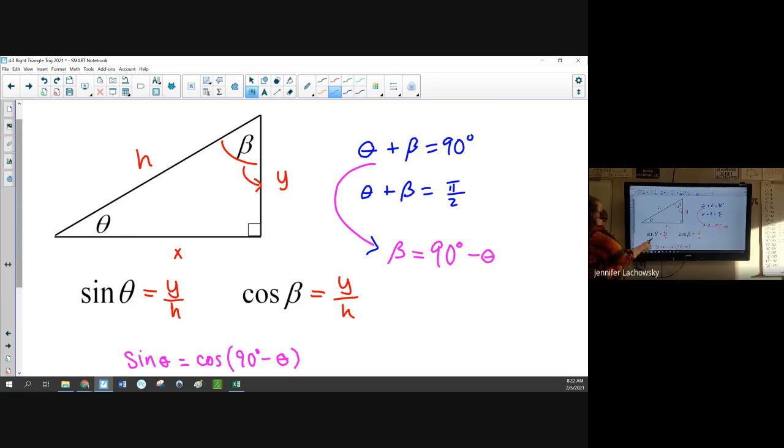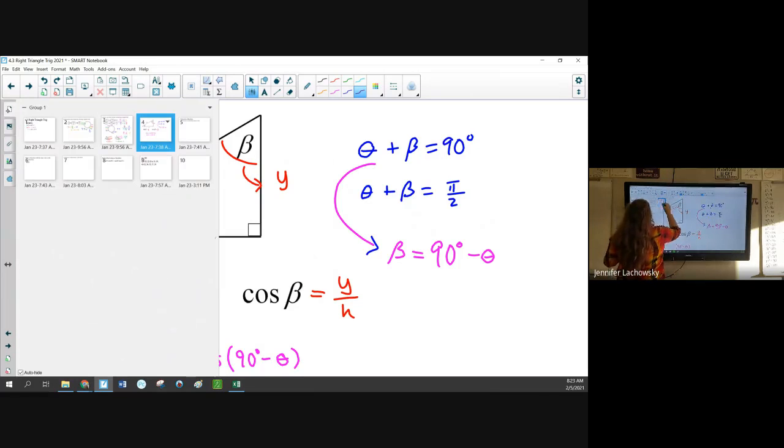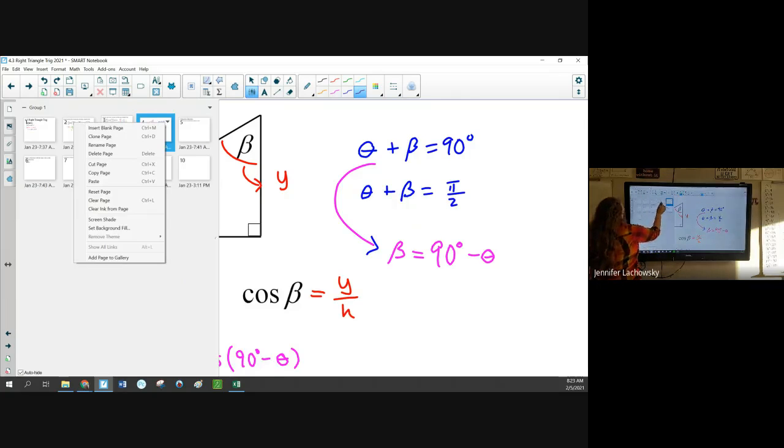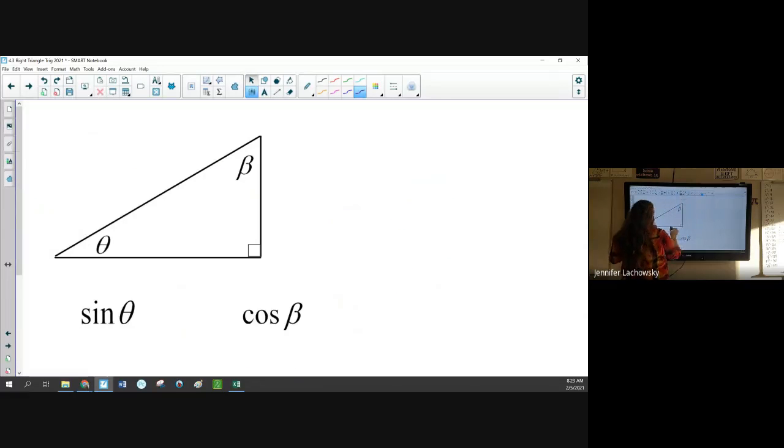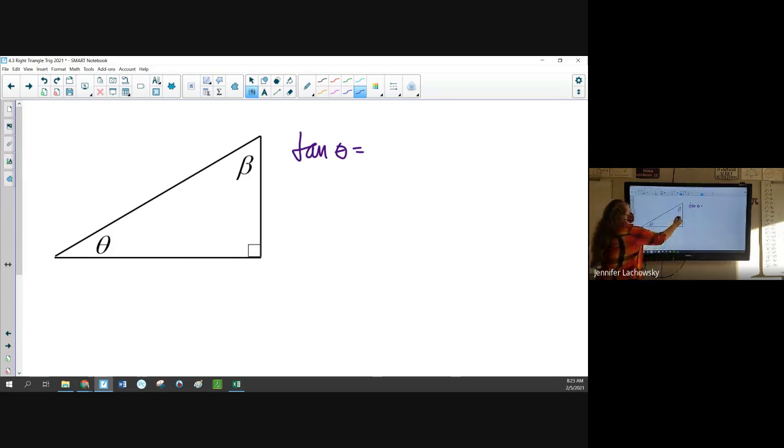Well, give me one of the other trig functions. Okay, let's go with tangent. So everyone write down tangent of theta. Okay, tan of theta. What is tangent of theta?